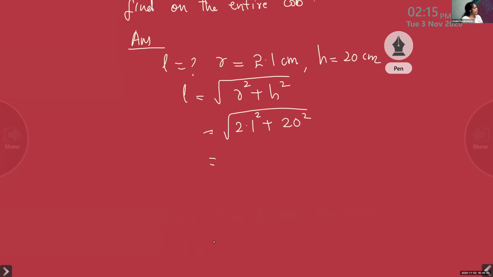What is 21 square? 21 into 21, you find out. 441. So 4.41. Okay. 20 square is 400. Clear, children?